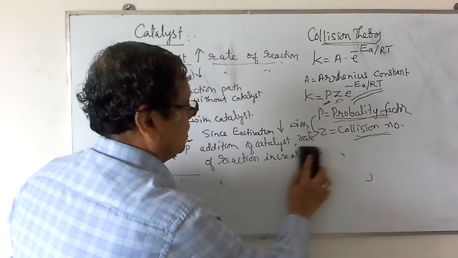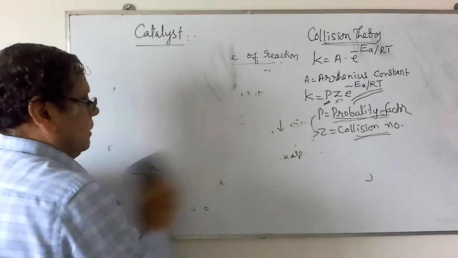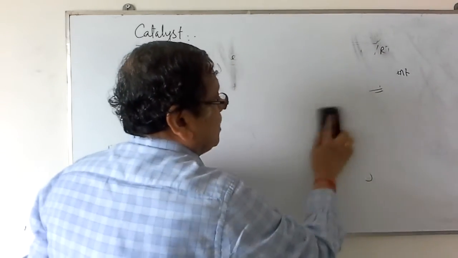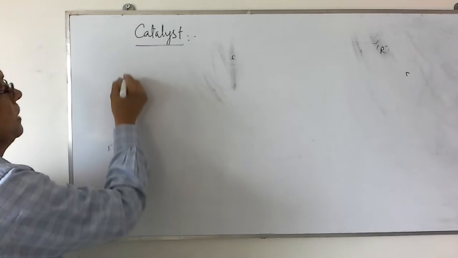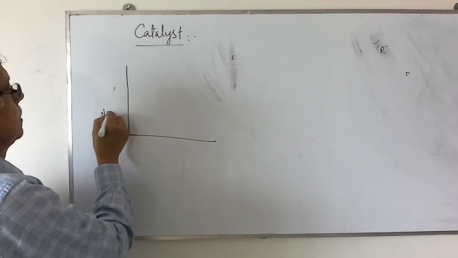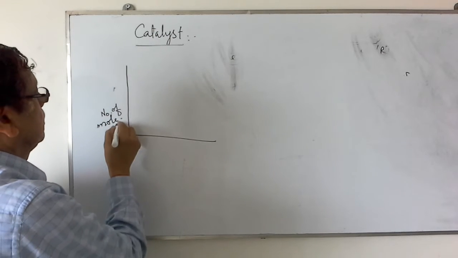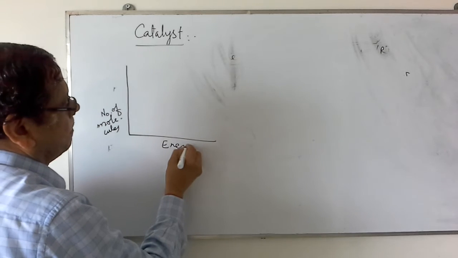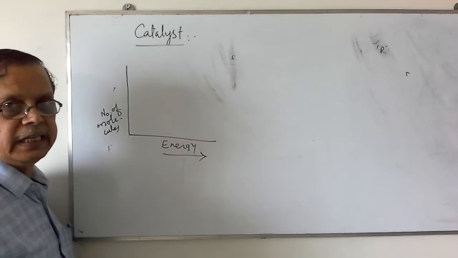Suppose you consider energy versus the number of molecules. Say this is the number of molecules and this is energy. As we move from left to right, energy increases.